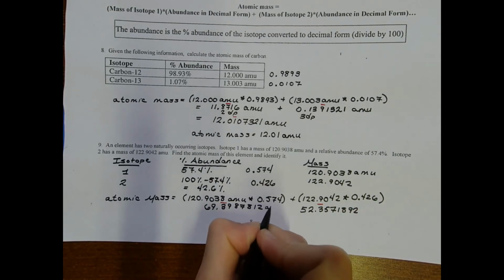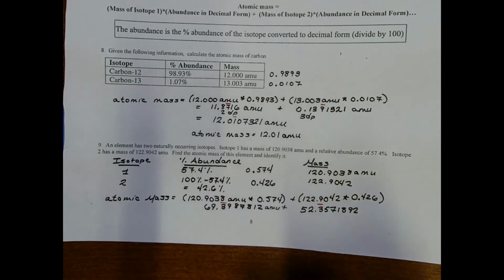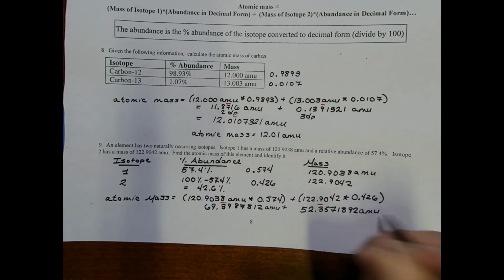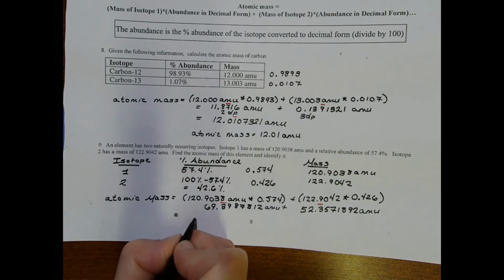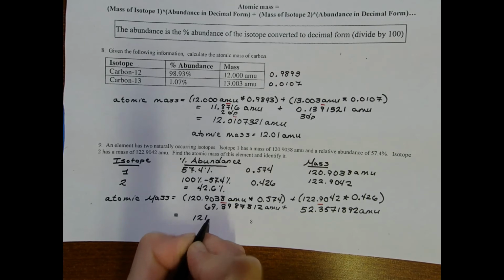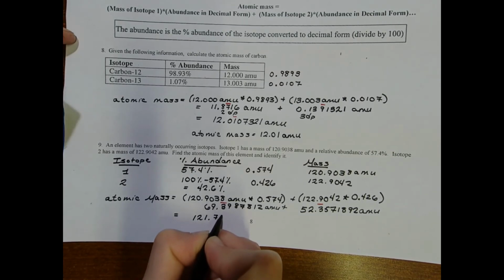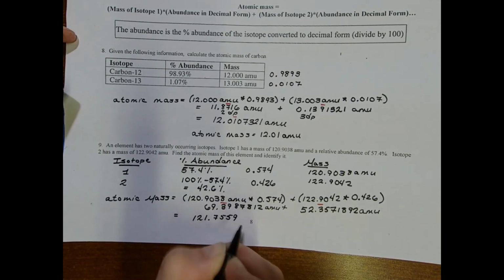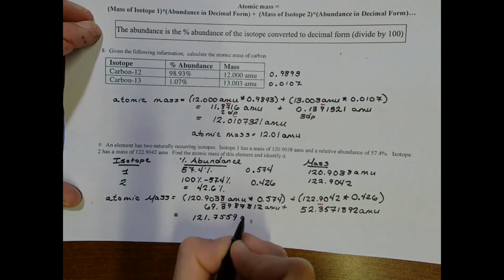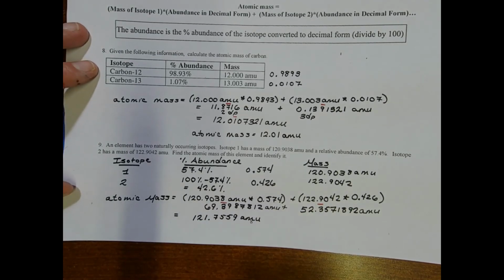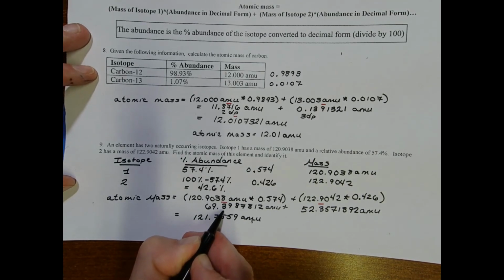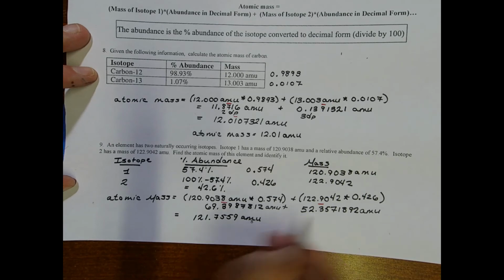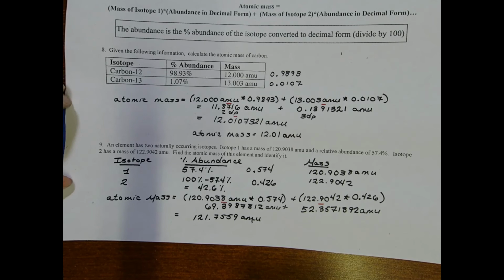And both of these still have units of AMU. I'm going to add them together. And I get a mass of 121.7559. We know I could write much more of the number, but I'm not even going to because we have to stop at the tenths place with this number and the tenths place at that number. We just have one decimal place in both of our numbers.